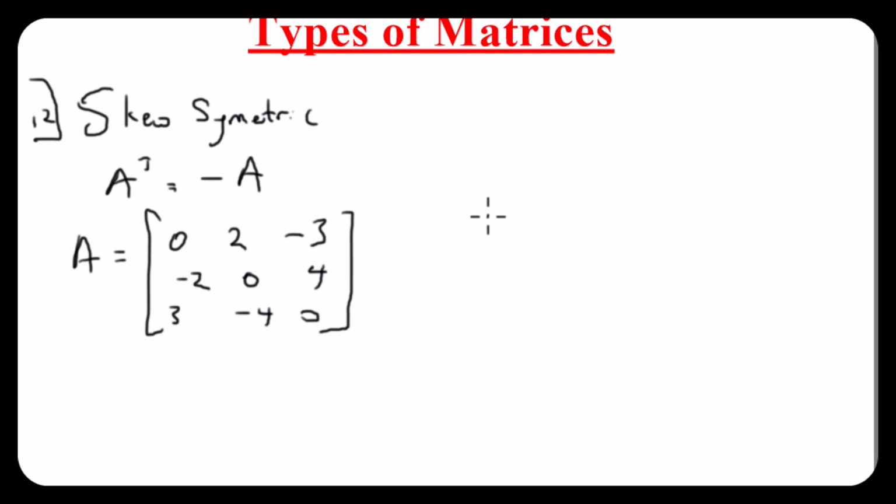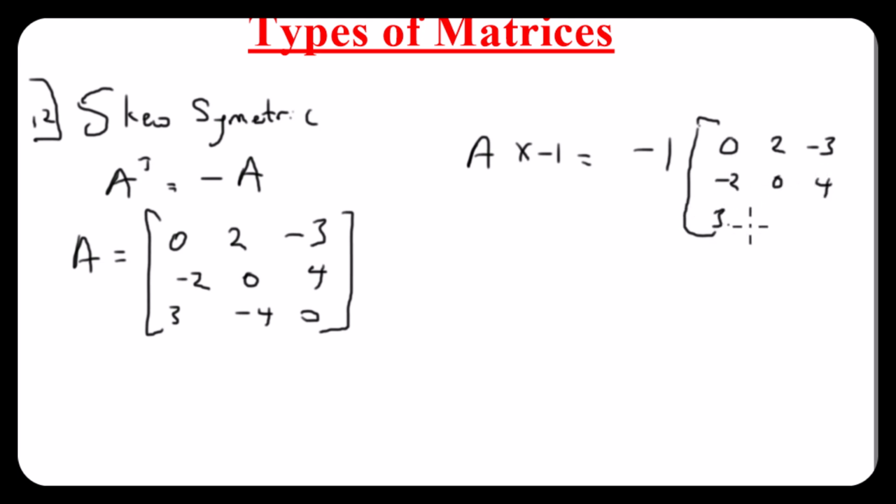Of course, we've not done multiplication of matrices, but this is quite easy because this is a scalar multiplication of a matrix. So let me multiply A times minus 1, which just means multiplying all the members by minus 1.